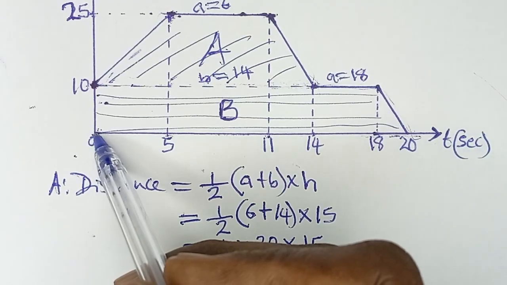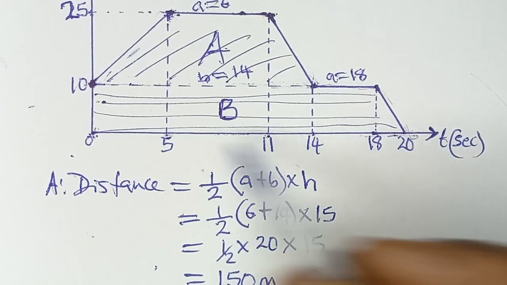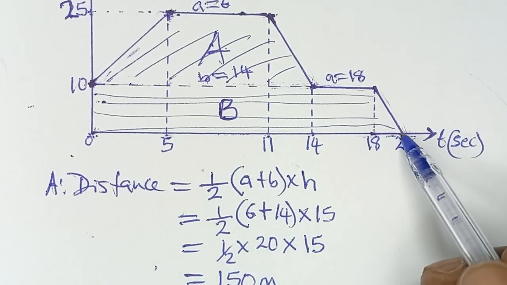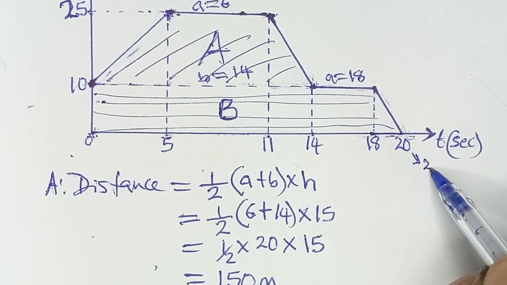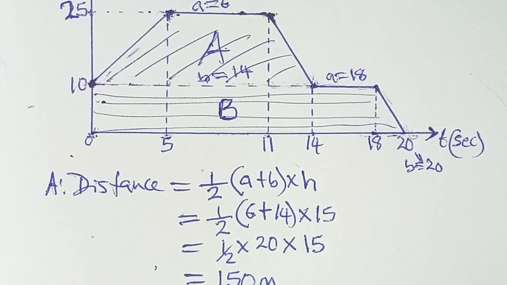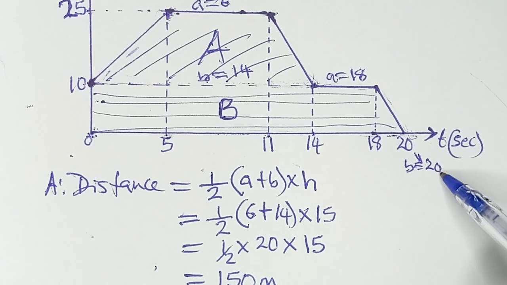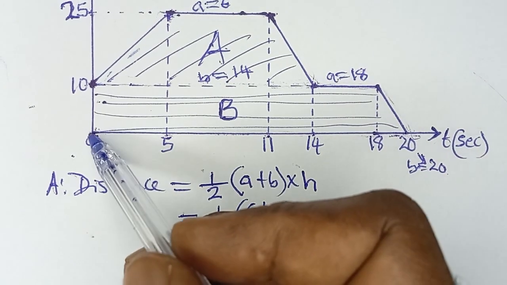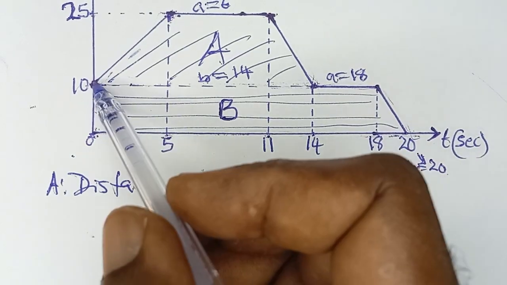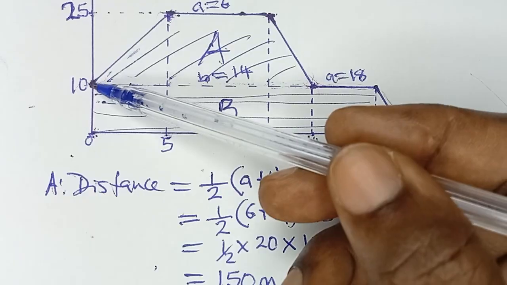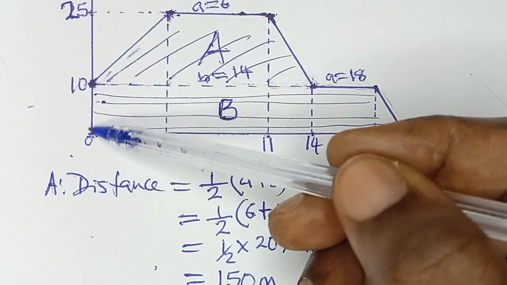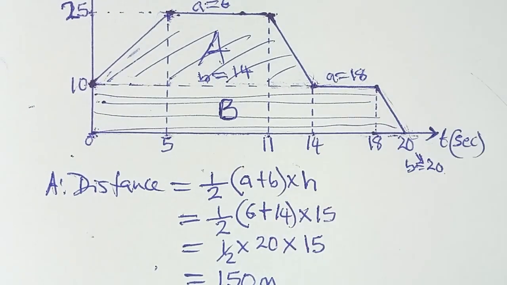And then the B part, which is from 0 to 20, that is the base now, will be this last value, which is 20. So B is equal to 20 in this second trapezium, and A is 18. Then the height for this second trapezium is 10, that is from 0 to 10.